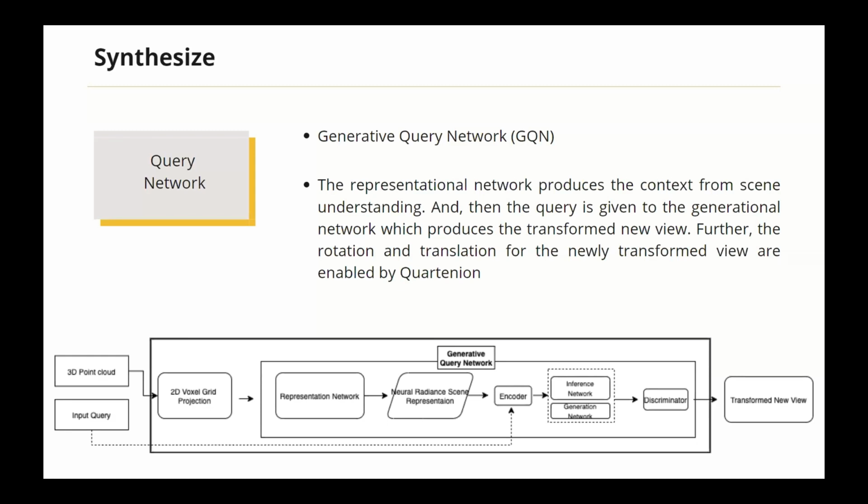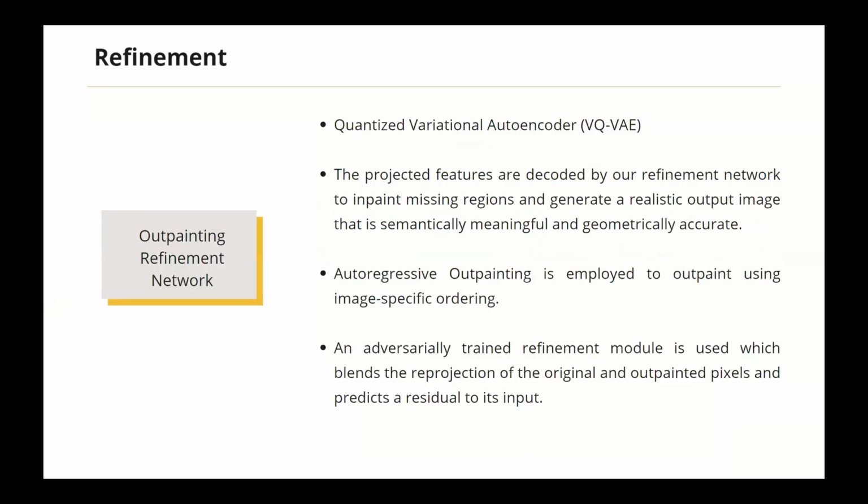And also for the animated trajectories, we made use of quaternions. The rotation and translation are guided by quaternions. So here we get our transformed view. What we are doing with the refinement network is basically this: when the viewpoint changes dramatically, there will be a large amount of missing regions.